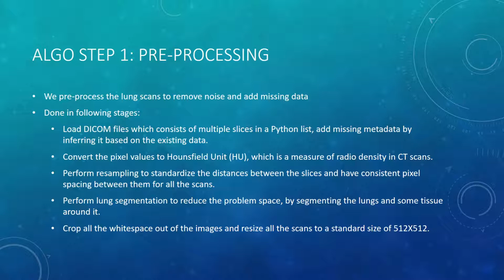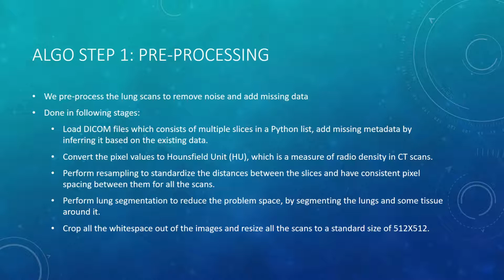Then we notice that all the slices within a subject and even across subjects have different spacing, have different distances with respect to each other. And so in order to overcome that, we perform resampling so that we can standardize this distance between all the slices across all the subjects.